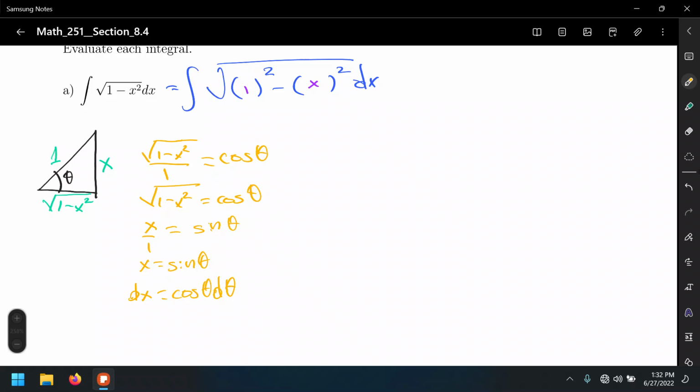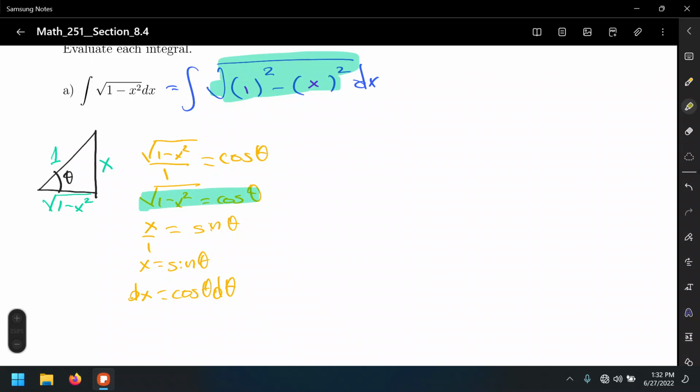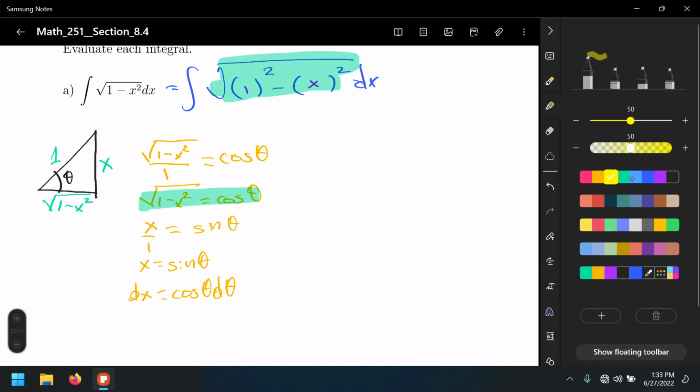So what I'm going to do is replace this radical with cosine, and then I'm going to replace dx with cosine theta d theta.